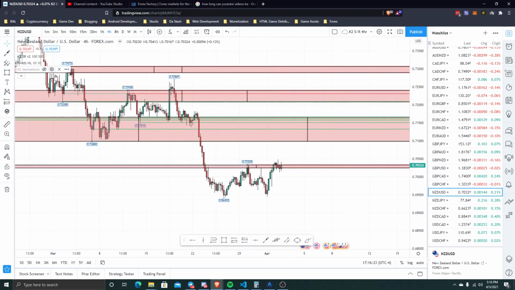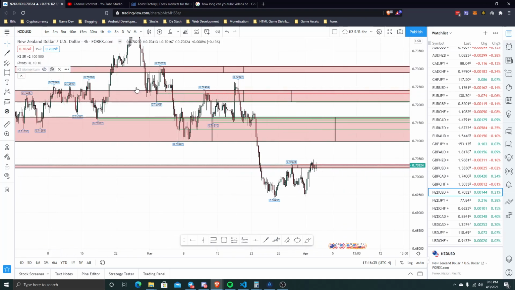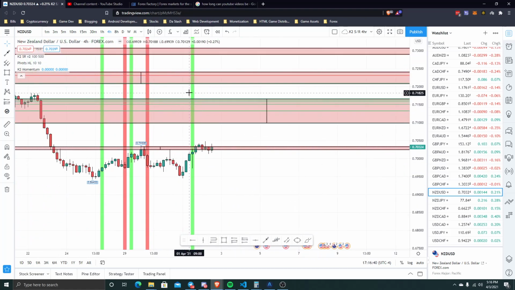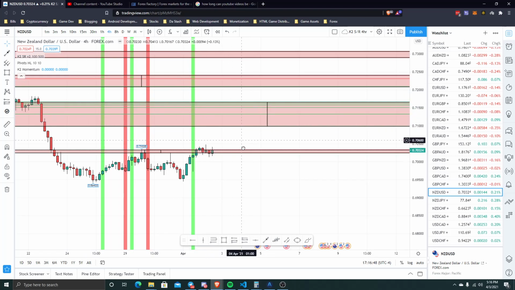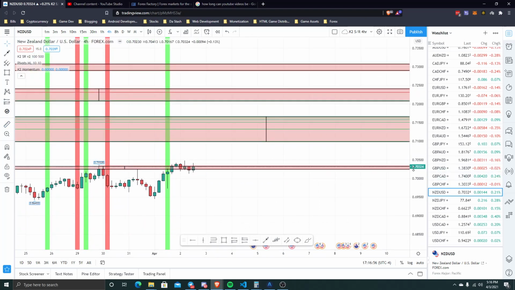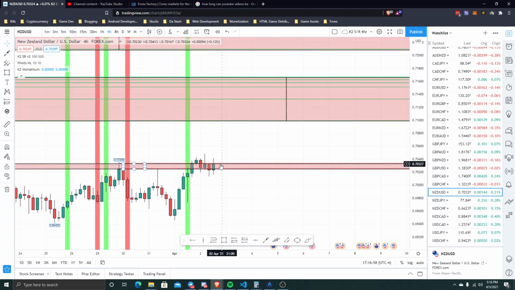All right, so for NZD USD, currently we have a bullish momentum signal. I'm not going to take any trades with this right now, because this right here is only, it's 60 pips, but based off this right here, I don't know just yet.